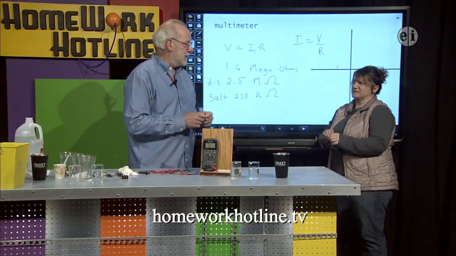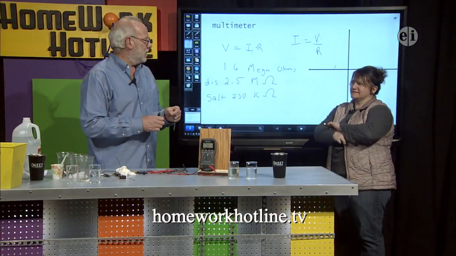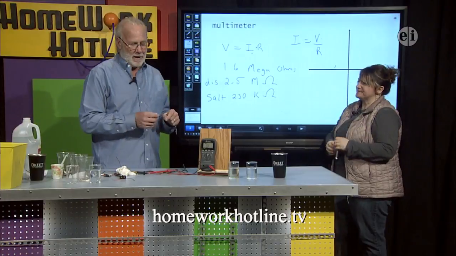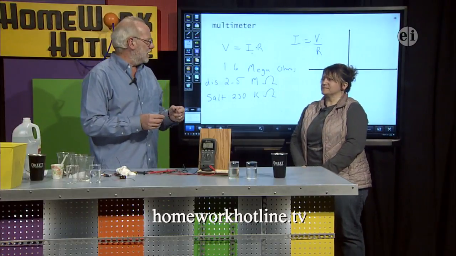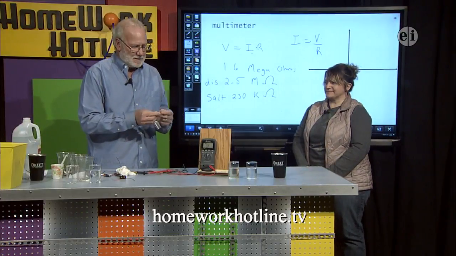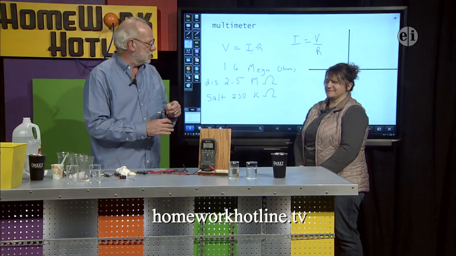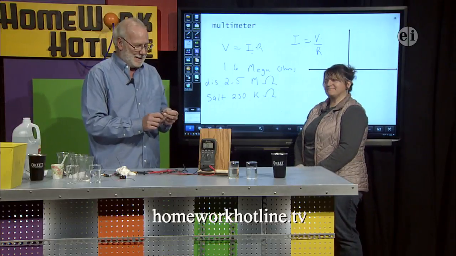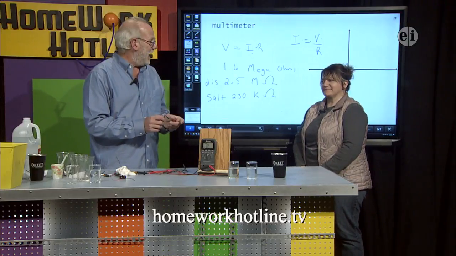That's what happens in your house if something breaks and you have just a straight wire going between it. If I just hold these wires together, I'm going to make a short circuit, and it's going to get hot really fast.